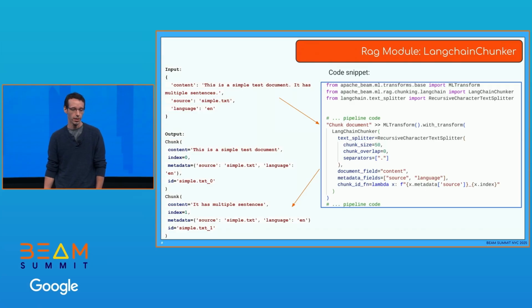And let's split on periods. We also specify the field in the document that we want to consider as the content to be chunked, and the metadata fields we want to maintain. And you can also specify an ID function to assign your chunk an ID. So the output of this transform is the original document split into two chunks, each one sentence, along with the metadata we specified.